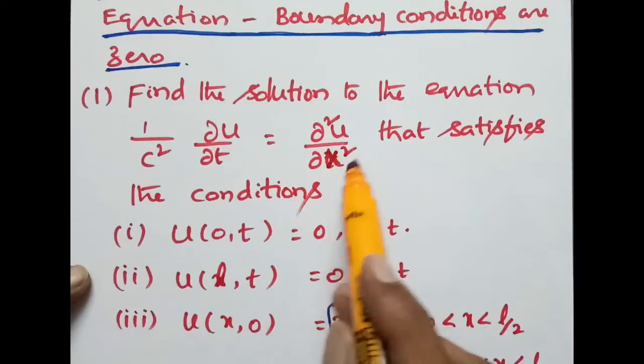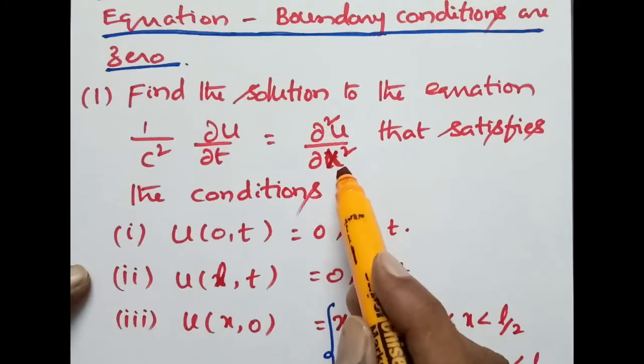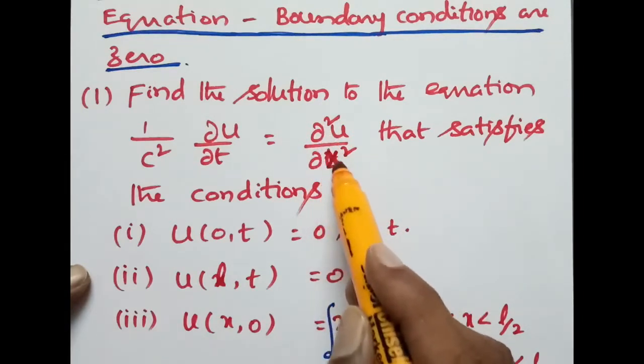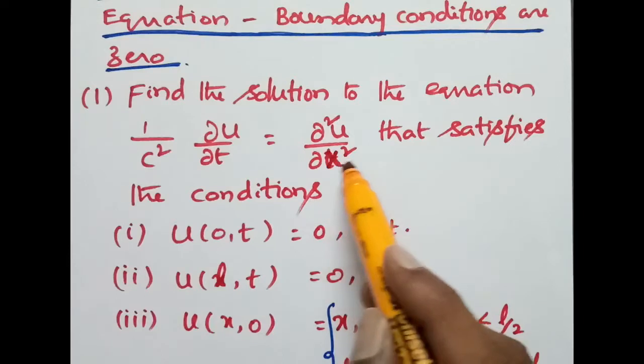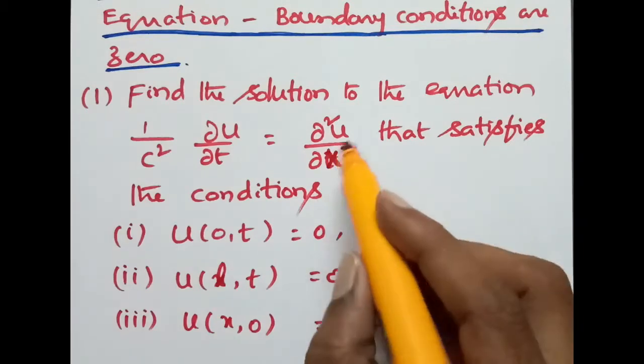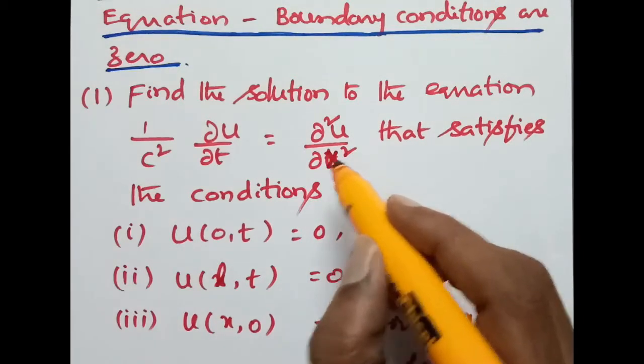In the problem statement also it is dou square u by dou x square, not dou t. Here in the problem previously I wrote t, but here x square. Please make a note.